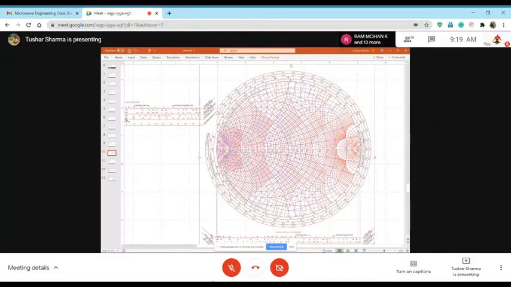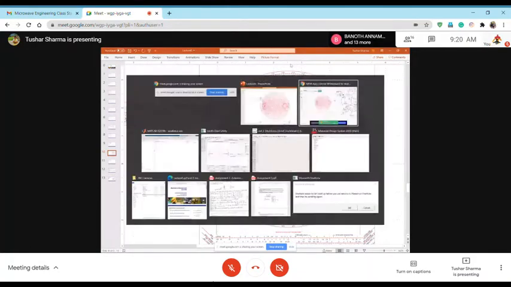For example, here the reactive part is 0, it's on the real axis. When I go up, for example, let's say 0.8, this impedance will be 1 plus j 0.8. That's how I will plot the impedance. So let's go back here.